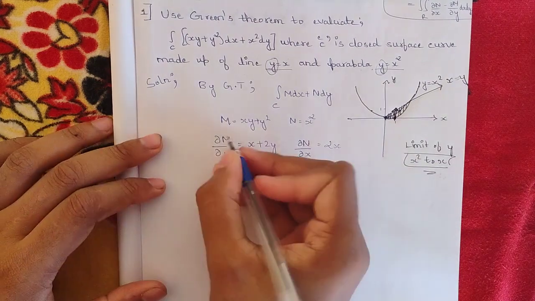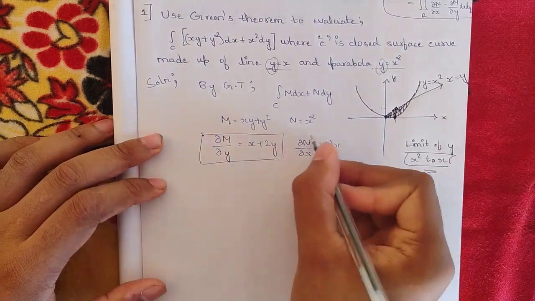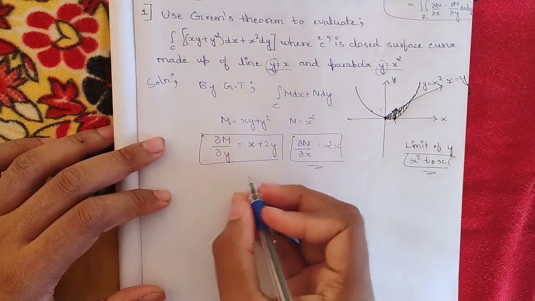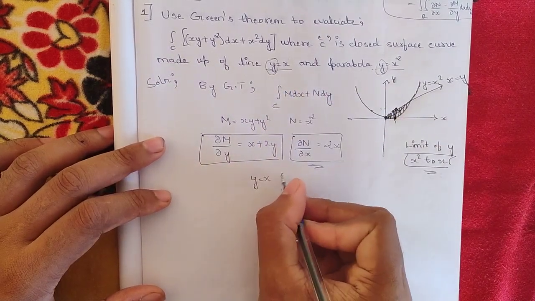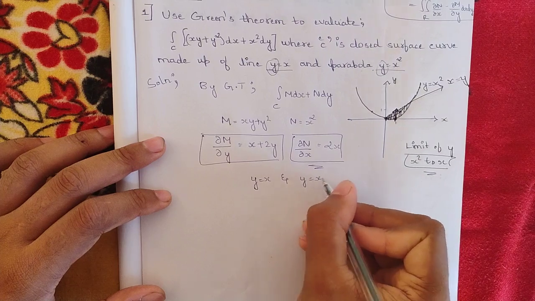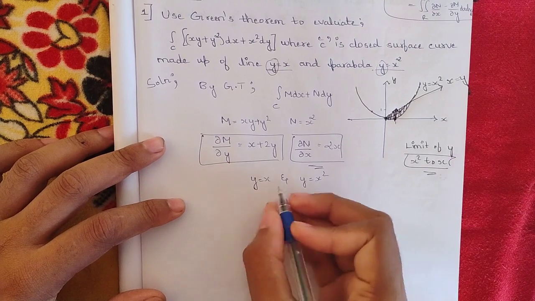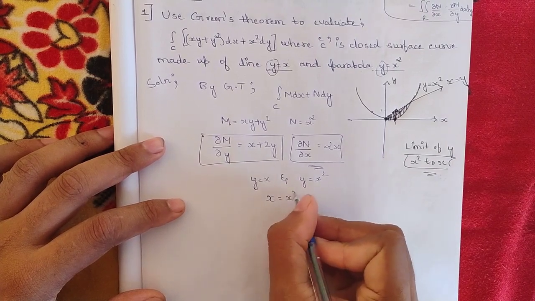In order to find the limits of x, here we have y equal to x and y equal to x square, right? So how can we find it? You can see that x is equal to x square from these two conditions.